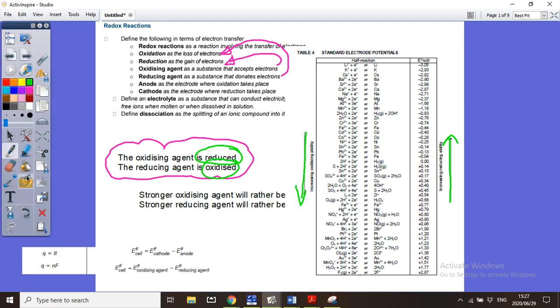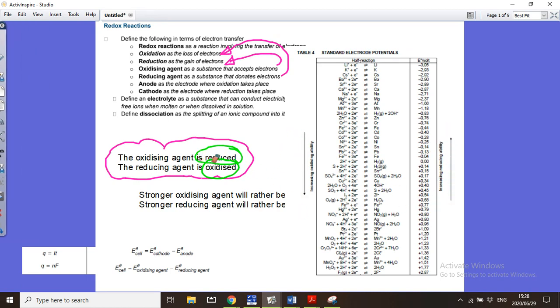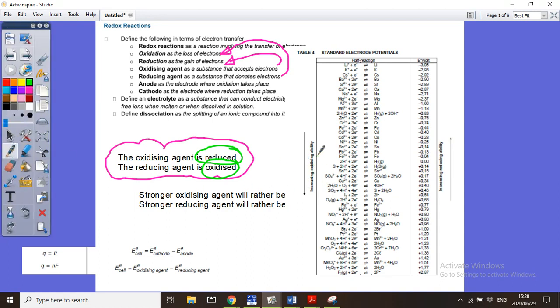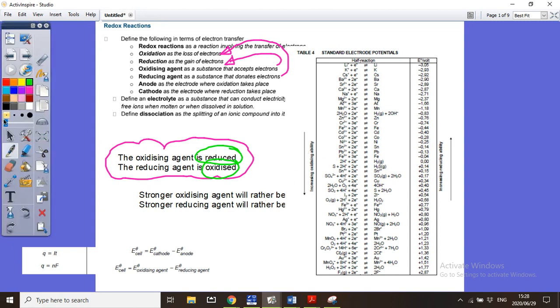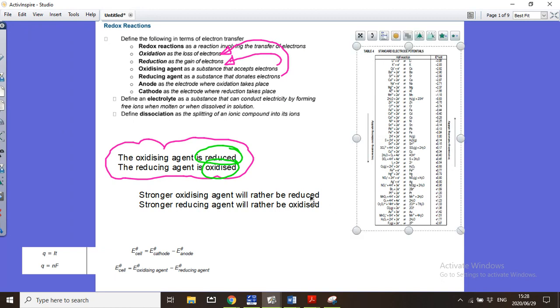So what I want you to do when you get your table, immediately when you get your information sheet, is write here the stronger oxidizing agent. They already tell you oxidizing ability, so you're just changing the words a little bit. The stronger oxidizing agent will rather be, and I'm hoping that you can say it, reduced.